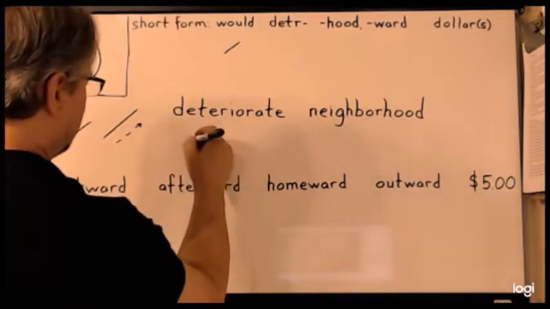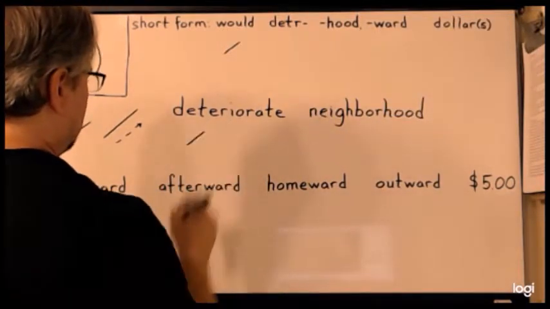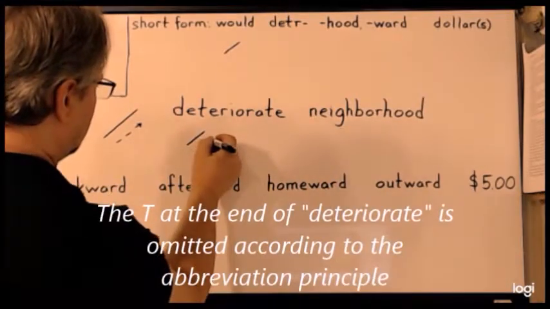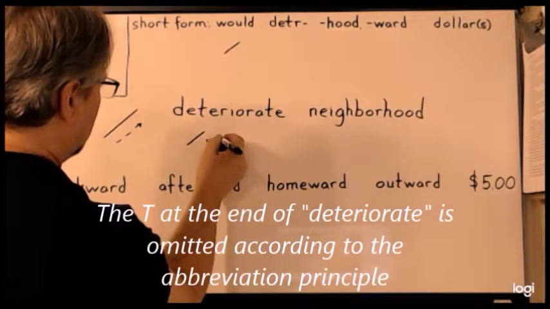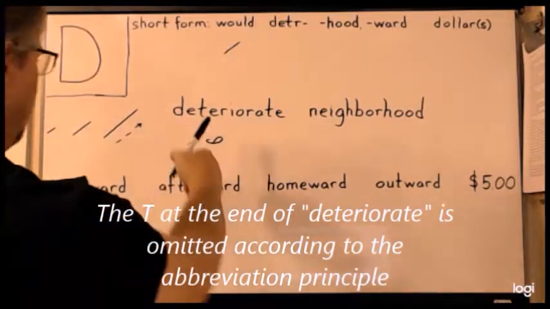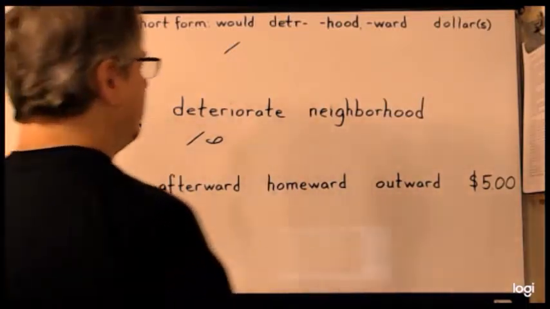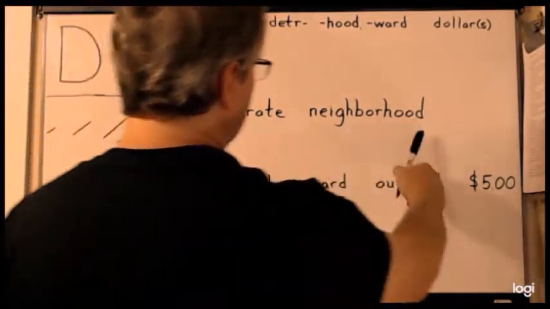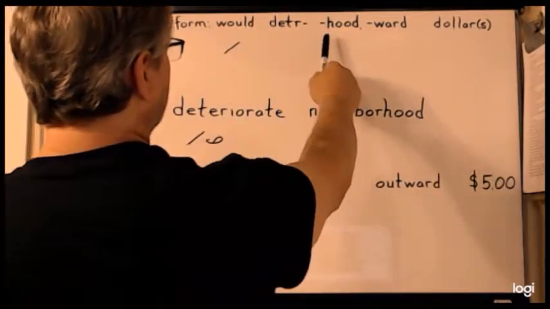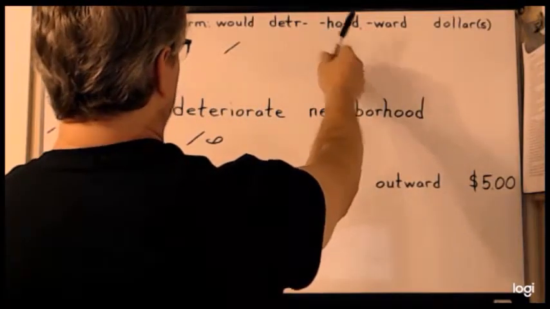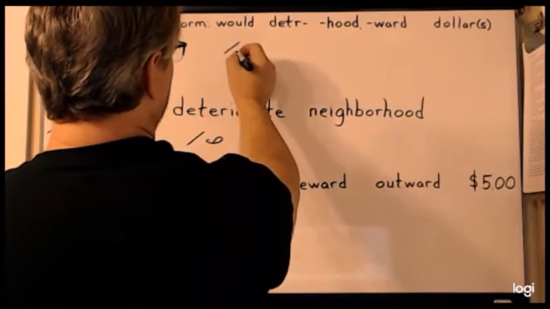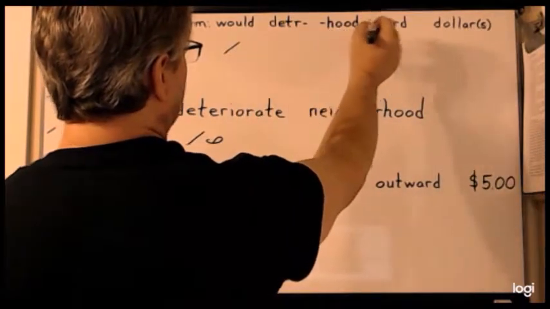So we will write a disjoined D, then the rest of the word, O-R-A, for deteriorate. The next word, neighborhood, has the suffix hood, and the D is used for the disjoined suffix hood and ward.